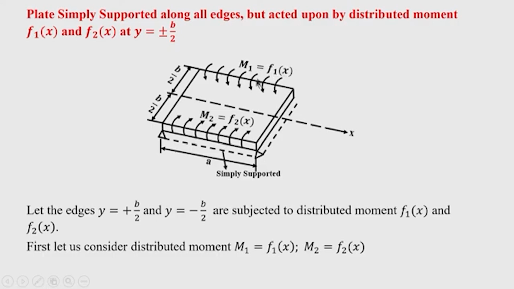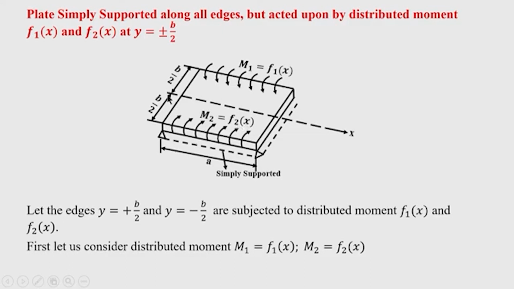This may be a constant also or may have any other variation. Then on the opposite edge y equal to b, the moment m2 is acting, which in functional form is expressed as f2 of x, f2 being a function of x.